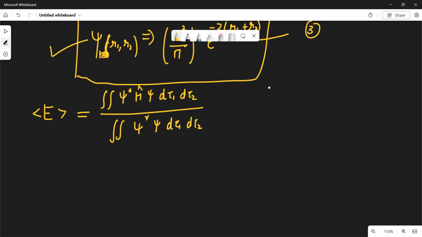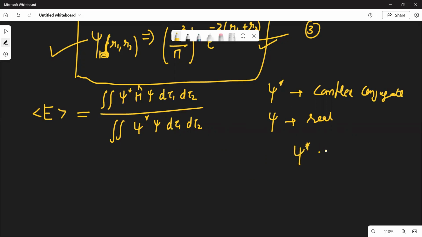Okay, so psi star represents the complex conjugate of the wave function. You know, my wave function is real. You can see in the third equation, wave function is real, does not contain any imaginary part. So the complex conjugate of the wave function will be equal to psi.